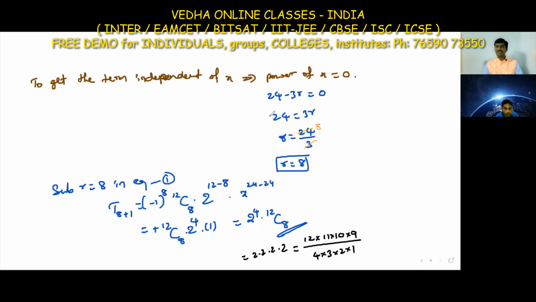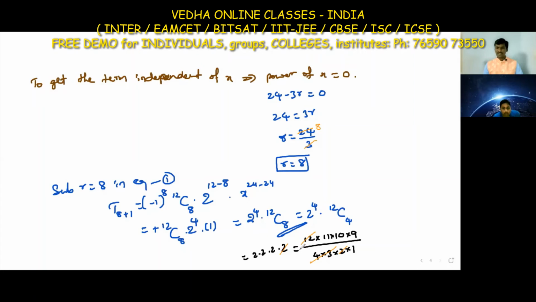Now if we cancel, 4 threes are 12, 12 cancels, and you can cancel the 2.